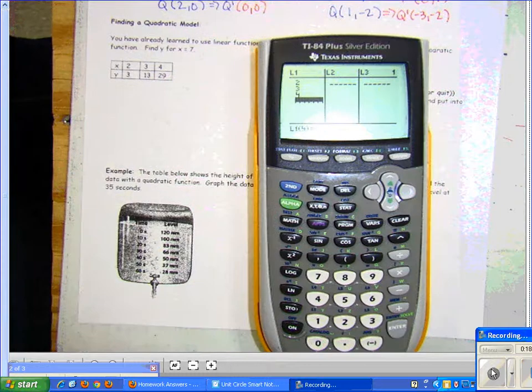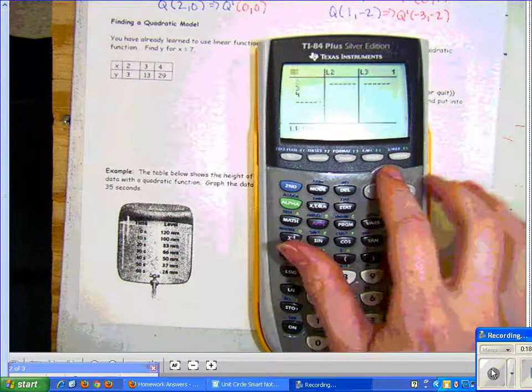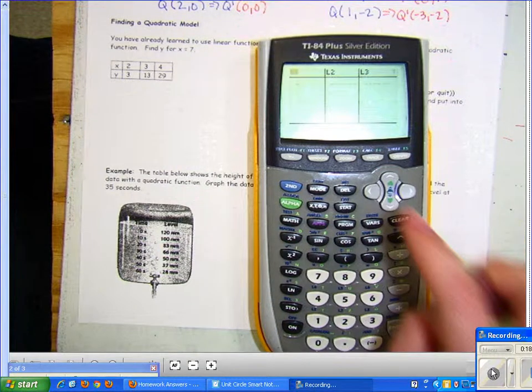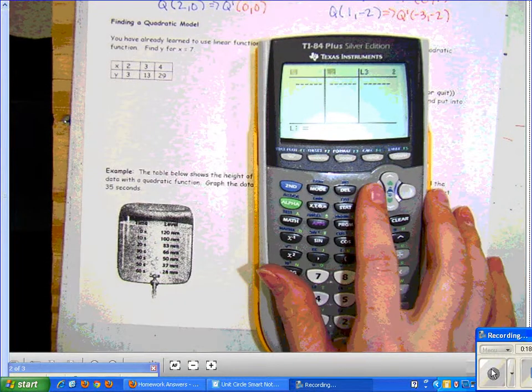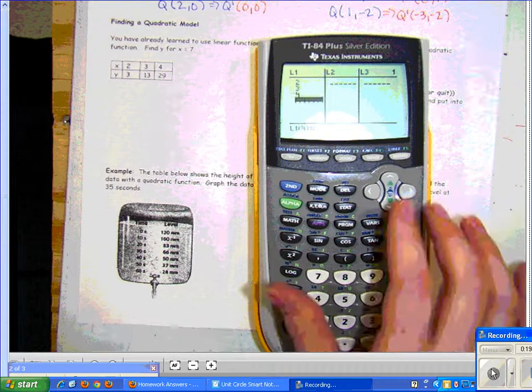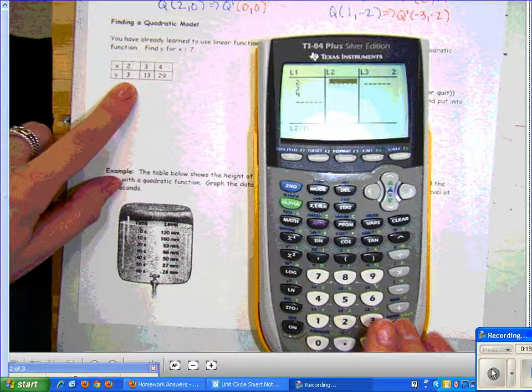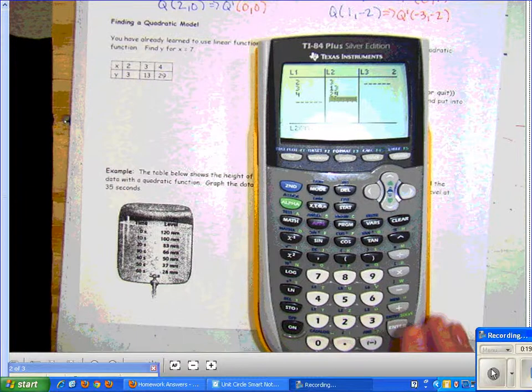If you have something in there, you can always just hit clear and push down, and that clears it out. And remember to make sure you're working in list 1 and list 2. If you accidentally deleted it for some reason, you'll have to come to me in class and I'll fix it for you. Then in list 2 go your y values. We have 3, 13, and 29.